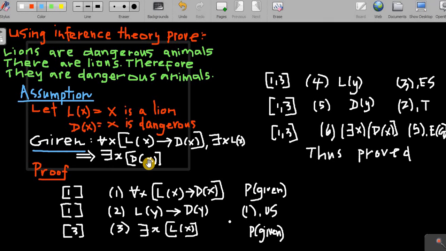Here, I am taking the left out premise. What is the left out premise? There exists x, L of x.